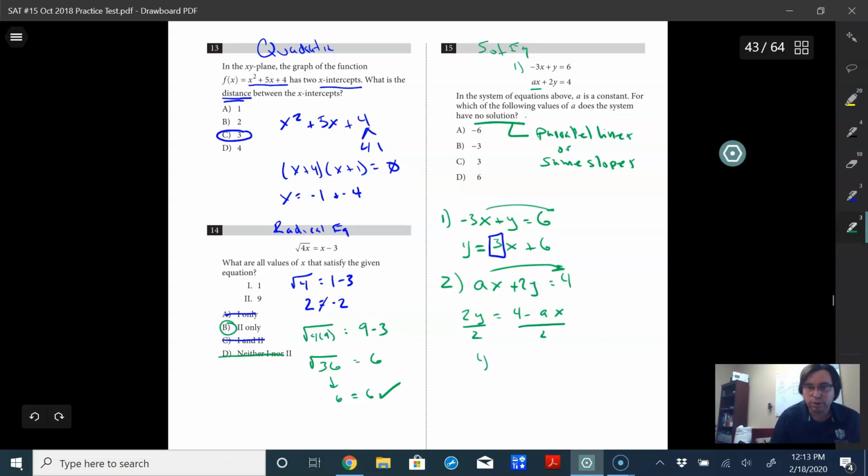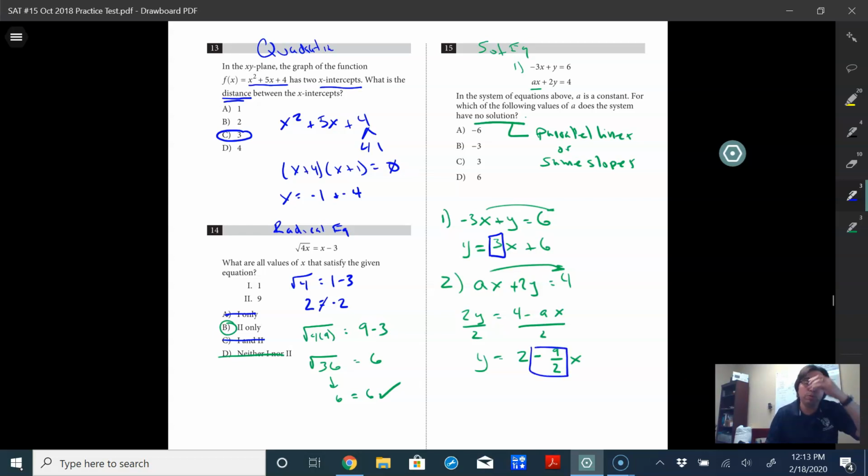And so we end up with a final expression here, slope-intercept form, which is going to be y equals 2 minus a over 2x. Okay. So we see the slope on this one is going to be negative a over 2.